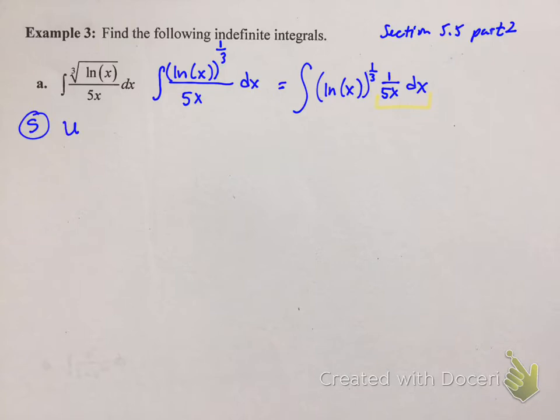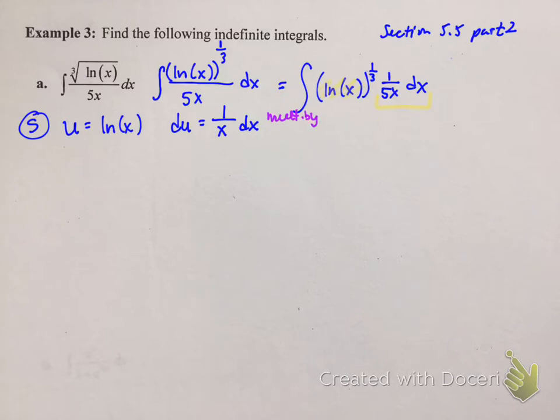I'm going to let u equal whatever's inside the parentheses, which is ln x. So I'm going to take the derivative of u and the derivative of ln of x, which is 1 over x dx. And I see that that doesn't quite match up to my leftover, which is 1 over 5x dx. So I know I can multiply by a constant.